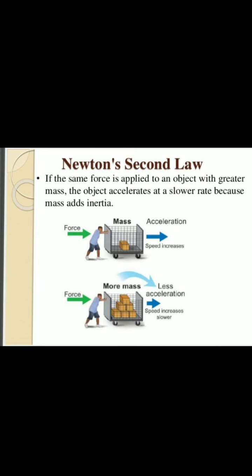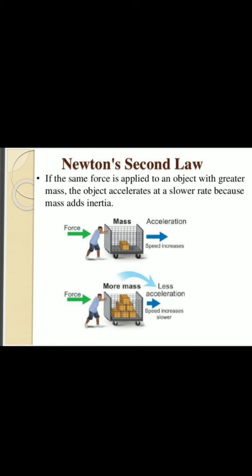So if we apply the same force to an object with greater mass, the object accelerates at a slower rate because mass adds inertia. Inertia means it resists change of its state of rest or state of motion. If the mass is small, whatever force we apply, it will displace, its velocity increases and it will accelerate.